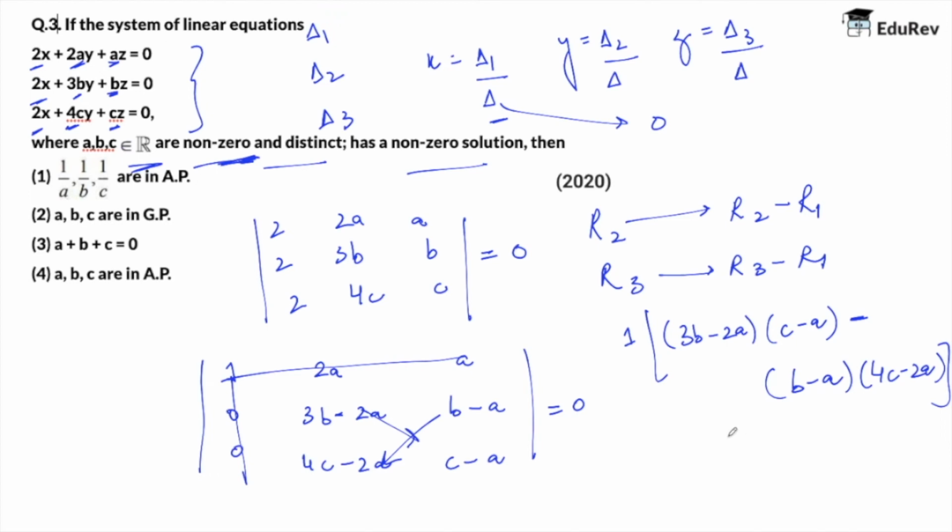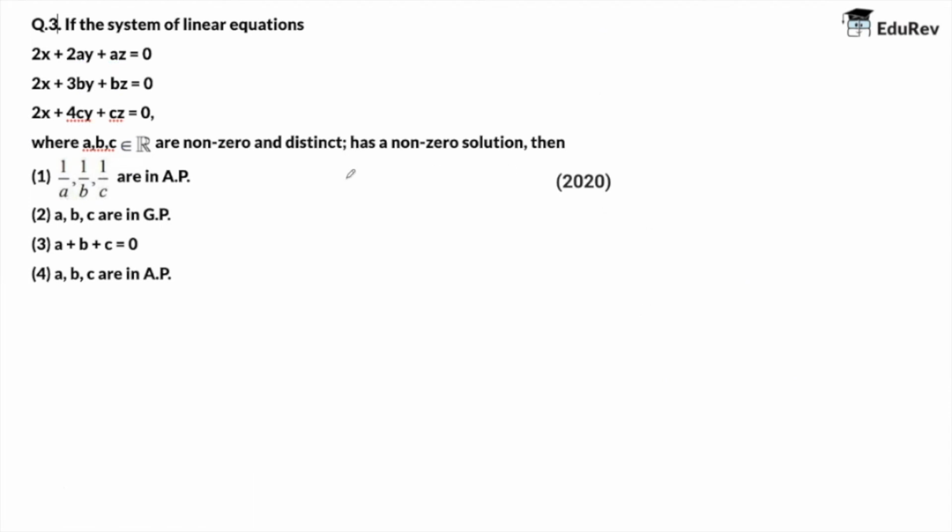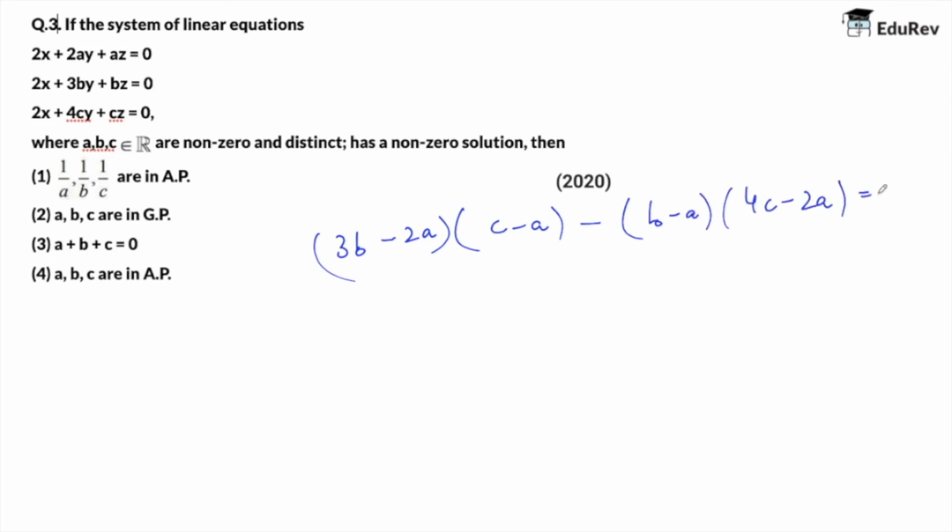Alright, so this is equal to 0. When I solve this equation, (3B minus 2A)(C minus A) minus (B minus A)(4C minus 2A) equals 0.